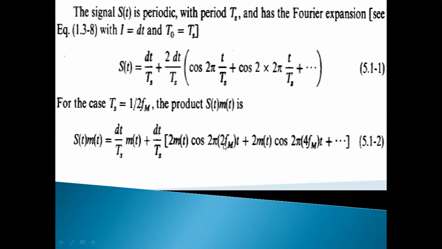So the frequencies are 2fm, 4fm, 6fm like this. This is the multiplied signal with Fourier expression.